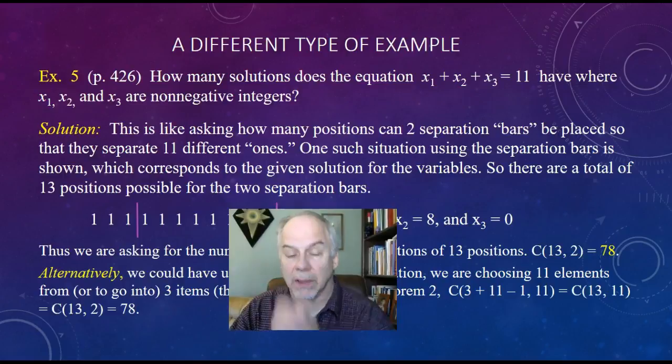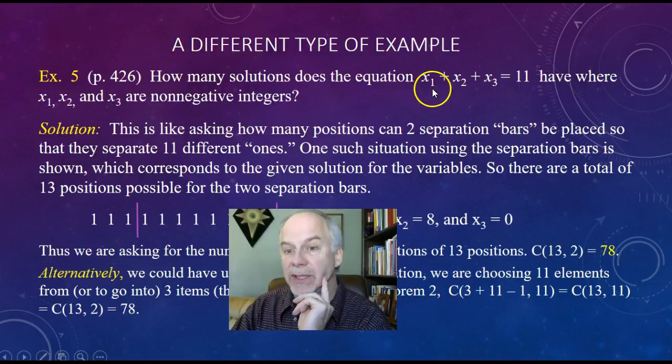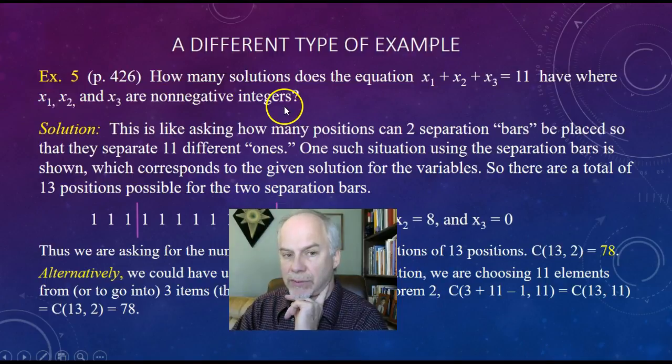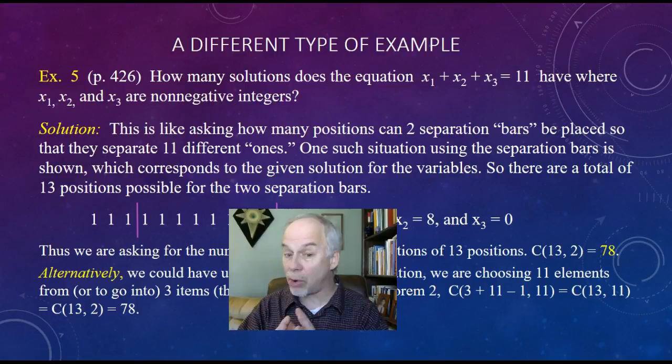Now, here's another example, example 5 on page 426. You can look at it if you want, but the question asks, how many solutions does the equation x1 plus x2 plus x3 equals 11 have, where x1, x2, and x3 are non-negative integers? Now, non-negative means it could be 0 or it could be a positive number.